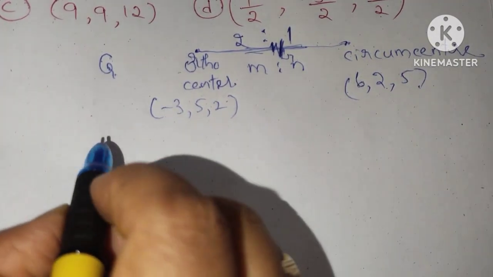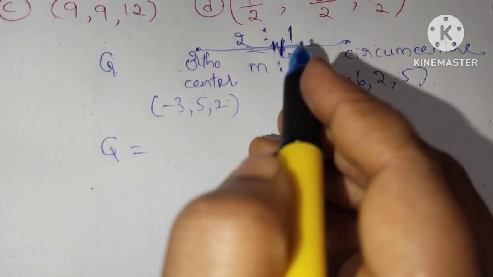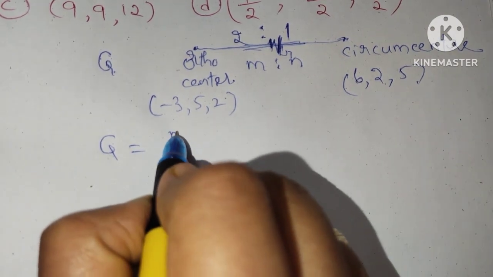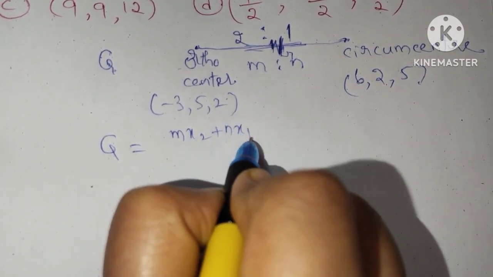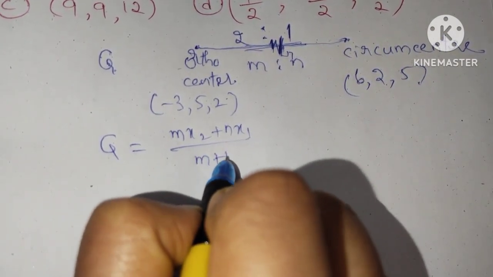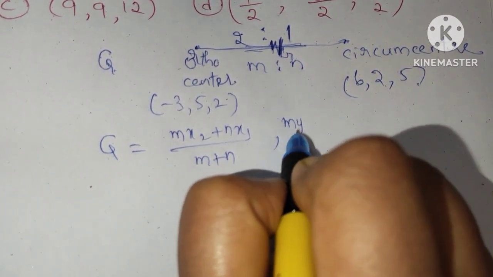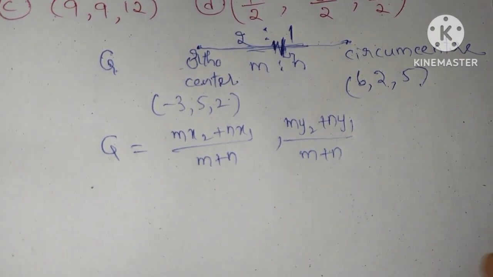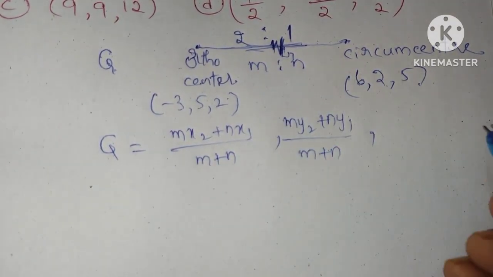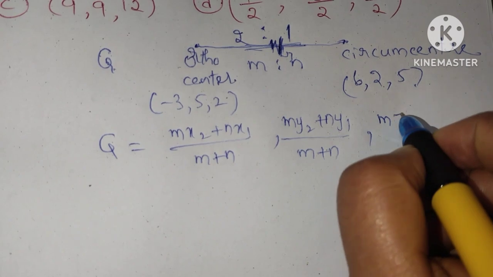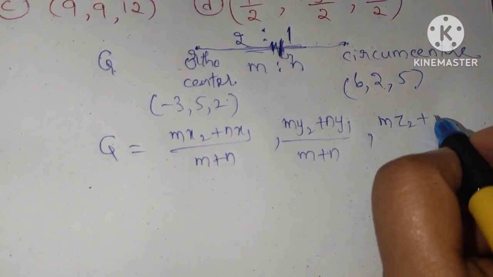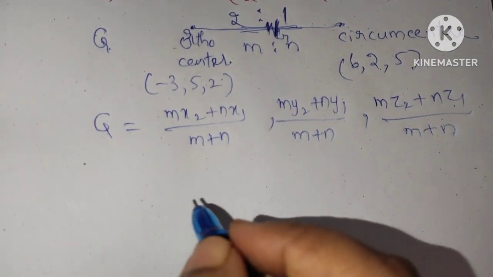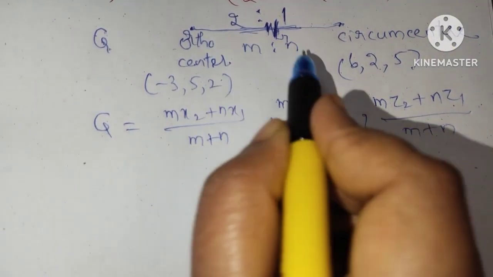Write the section formula. G is equal to (mx2 plus nx1) by (m plus n), then (my2 plus ny1) by (m plus n), and since it is 3D, the z axis is included, (mz2 plus nz1) by (m plus n). Here m is 2, n is 1.